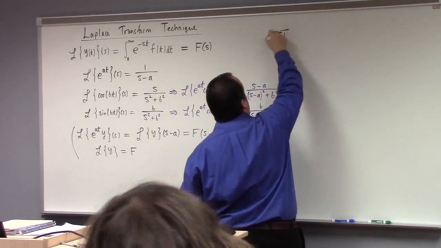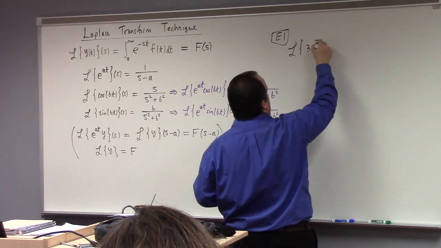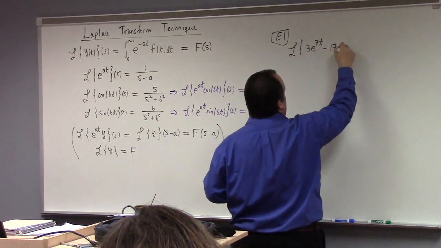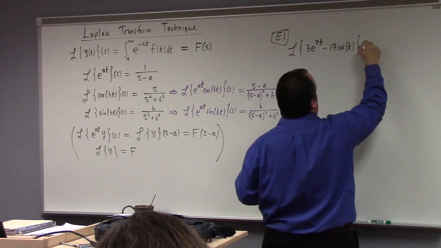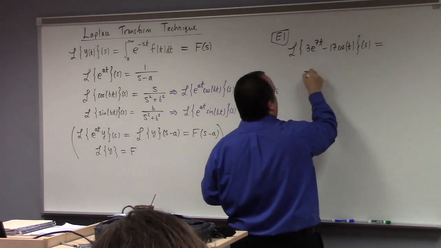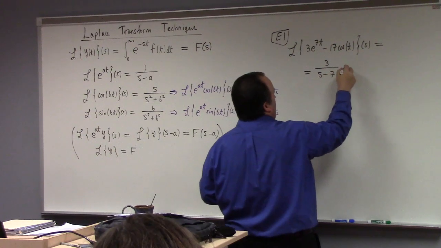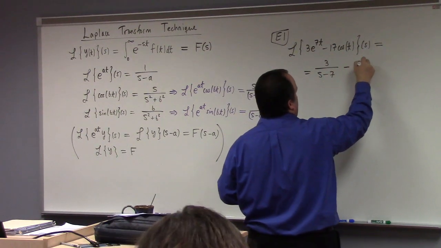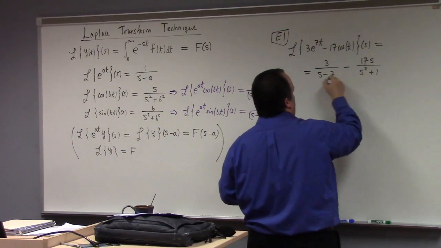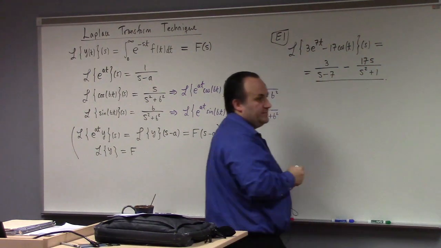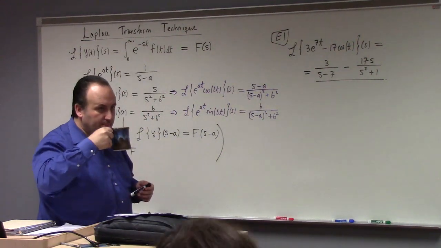For example, if I was to calculate the Laplace transform of 3e to the 7t minus 17 cosine of t, well, that would just be equal to 3 over s minus 7 minus 17 s over s squared plus 1. There you go. That's linearity. I'm just using Laplace transform on each thing, right?